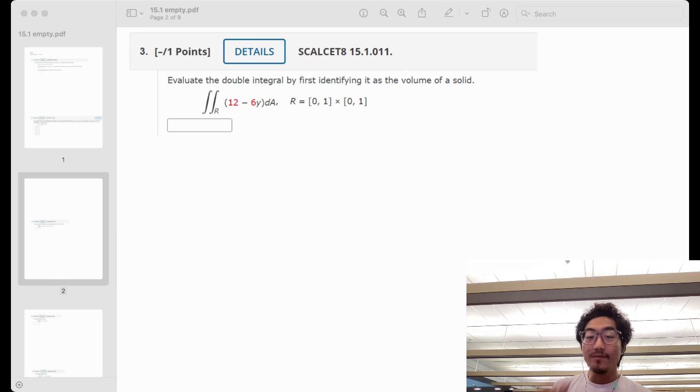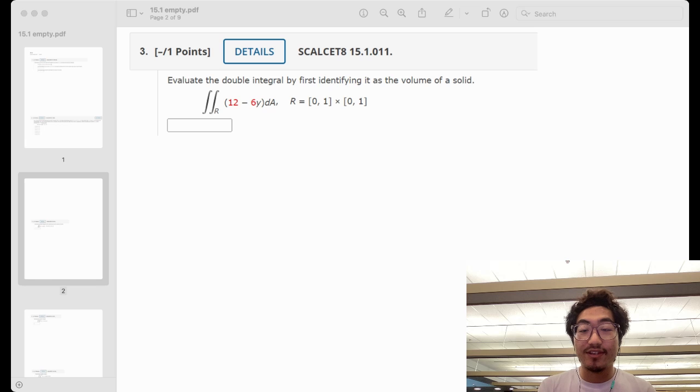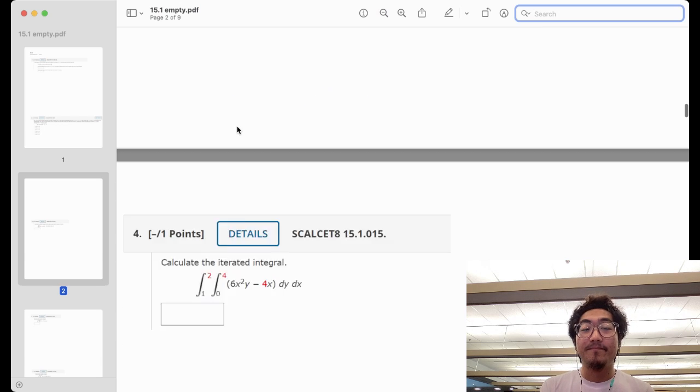So you don't need to write a new integral and solve it. Just add the two parts of volume together, and that is the volume of this solid region. So there's no integral to set up; you just need to find the area.